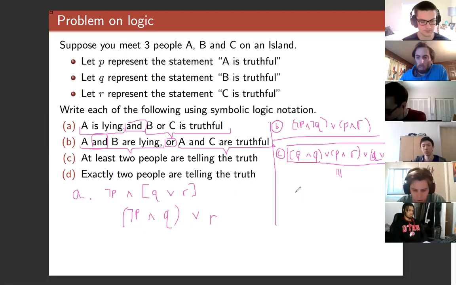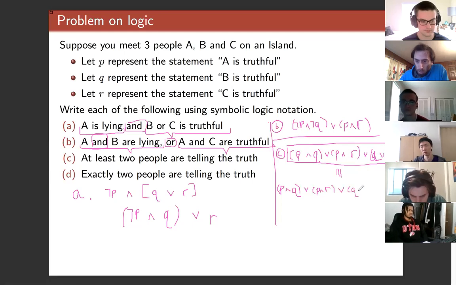that it's logically equivalent to the following statement, where we have the three pairs, P and Q, or P and R, or Q and R. Oh, sorry, I did a, oh, that should not be an or, that's an and. Second, that's an and.